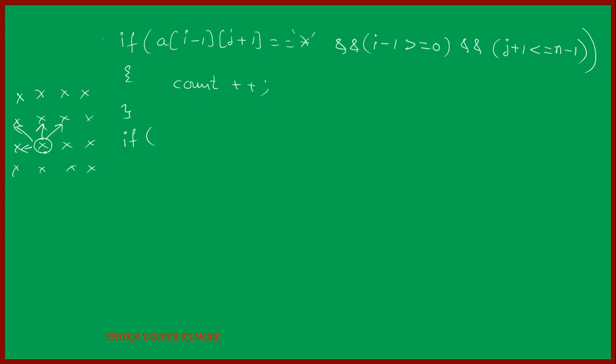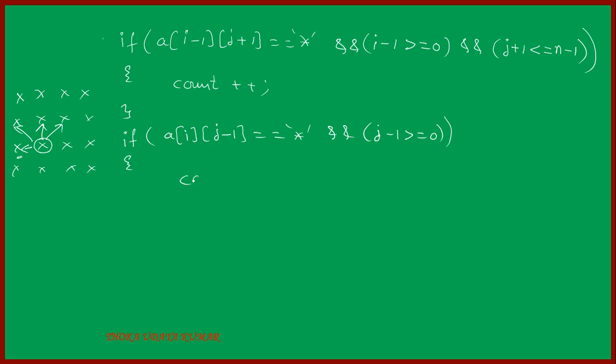Here the row is constant, but the column needs to be minus 1. So if A of i, row same, and j minus 1 is equal to star, and this should not be the first column, so j minus 1 must be greater than or equal to 0.